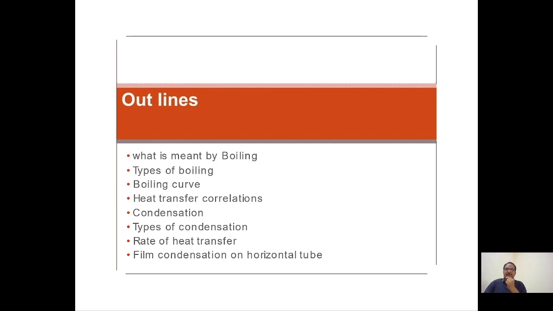The vapor condenses on the surface and is converted into liquid. During the condensation process also, pressure and temperature remain constant and the latent heat is released by the vapor. So this is the overview of boiling and condensation.